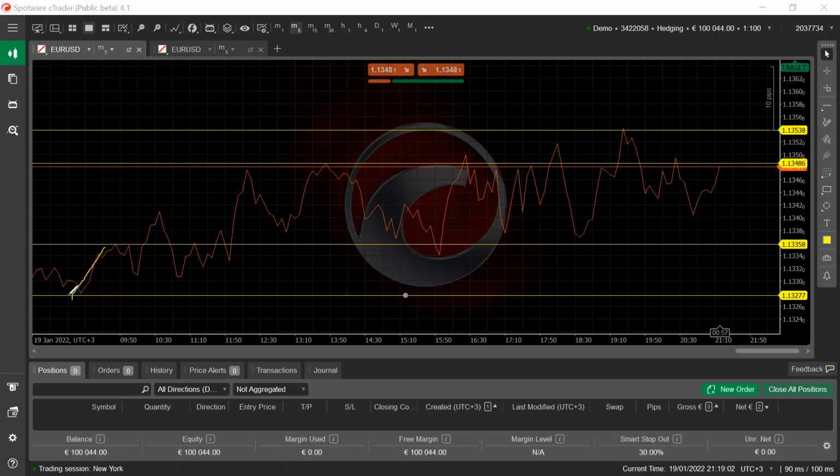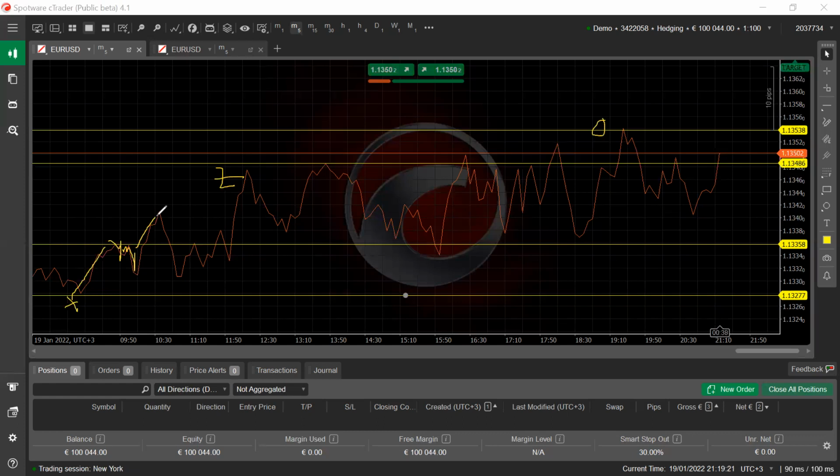So if you are here at point X and then Y and then Z and then O, when the market comes here, where is it likely to go? It's either likely to go down or go up. But once it's given you the indication that it's going up, then you go with it.